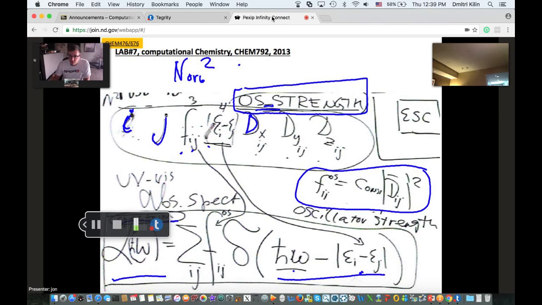And so this oscillator strength file that we're generating is going to have a number of different components listed in it. The first things that will be listed are the initial orbital indices i. The second column will be the final orbital indices j. And then it's sorted by the third column, which will be oscillator strength.